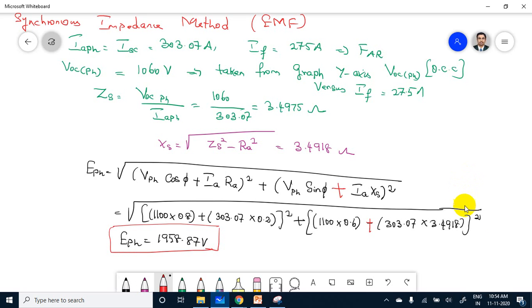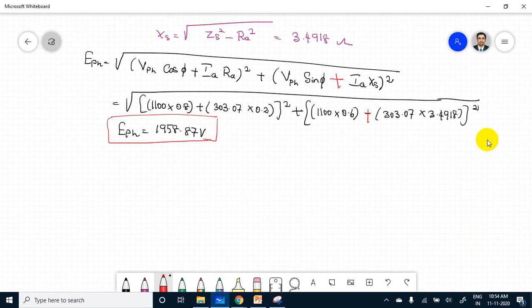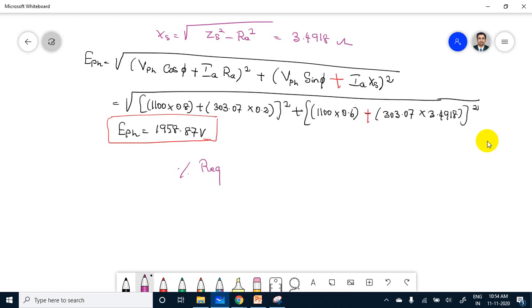Now what is the next step? We have to find regulation, same regulation formula. Percentage regulation is equal to E phase minus V phase divided by V phase into 100.